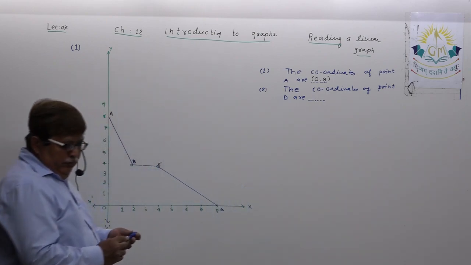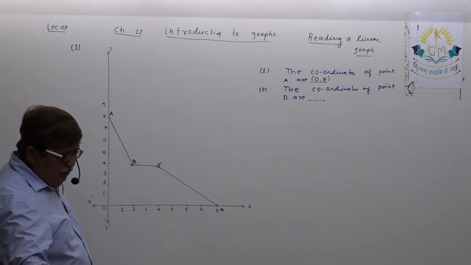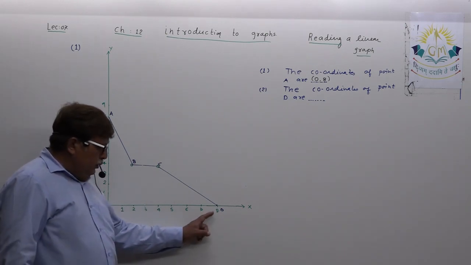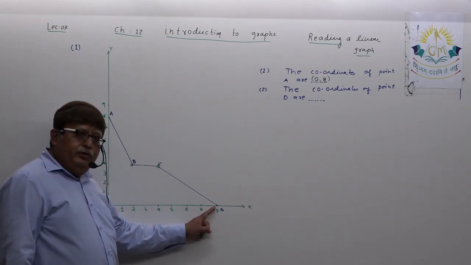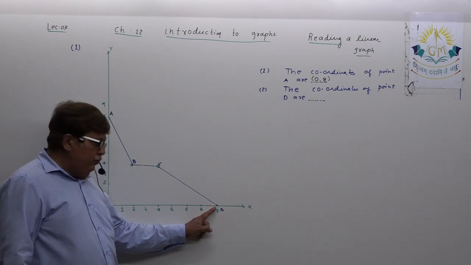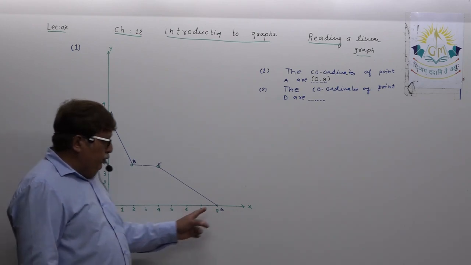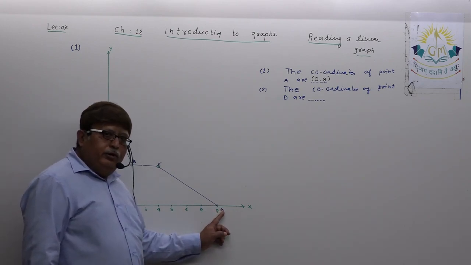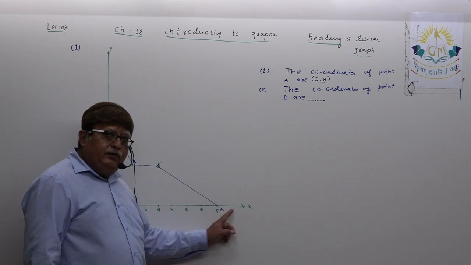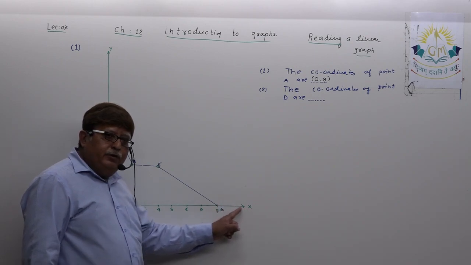Can you guess before me? See dear student, here lies point D. As you all know, point D lies on which axis?